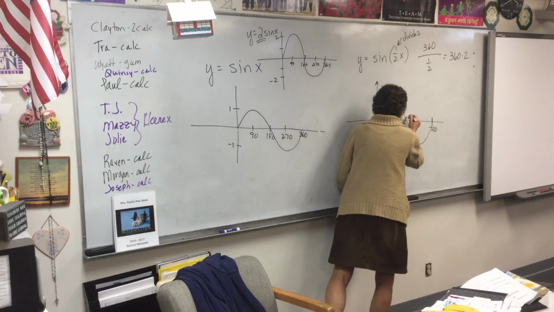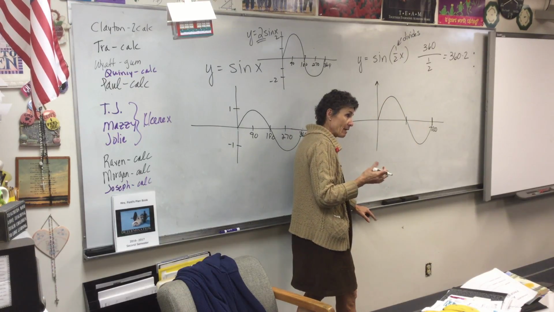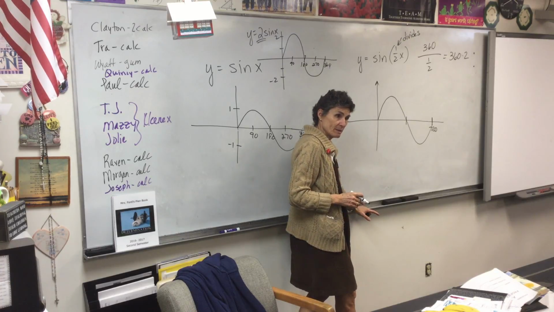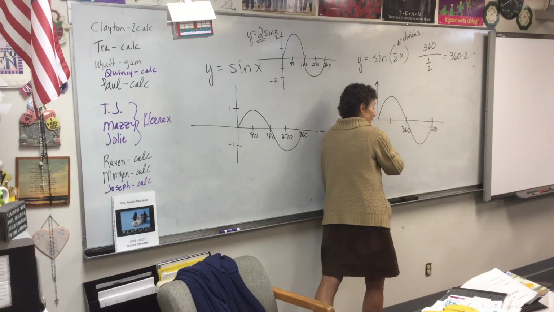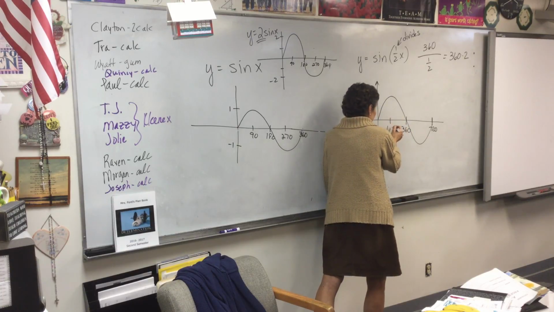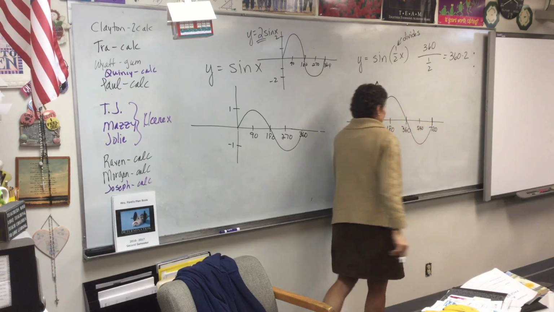Now, that's going to change this. What's the middle now? Now it's 720, so the middle would be 360. And then the middle of that would be 180. And the middle of that is 540.